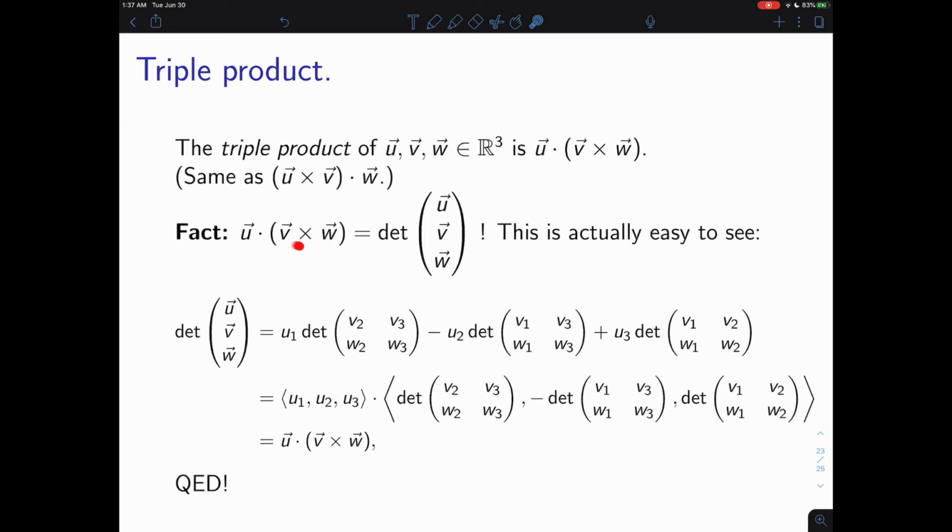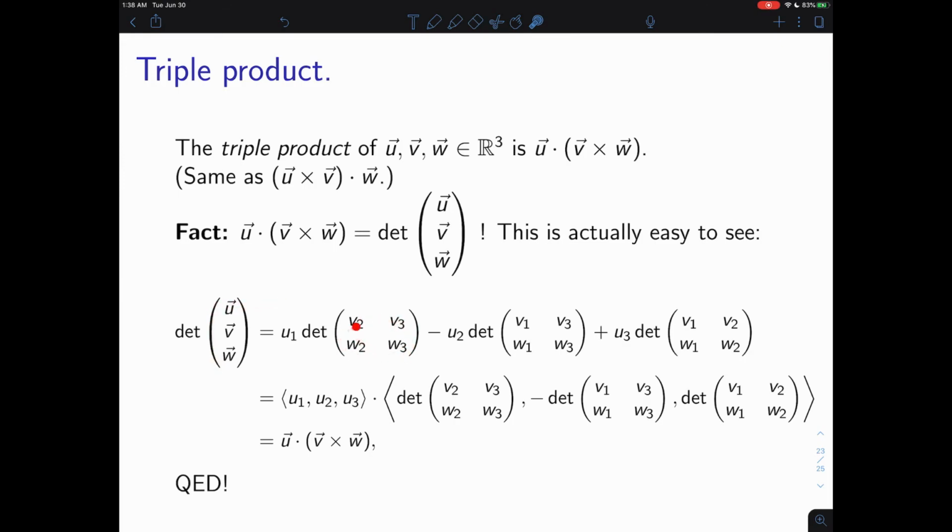One thing that we can check is this triple product U dot V cross W. It's the same as what we would get if I did a determinant with U in the first row, V in the second row, and W in the third row. And just for funsies, we can take a minute and see why that's true. If I had U1, U2, U3 in the top row, if I did my top row rule for determinant, I would have U1, U2, U3.